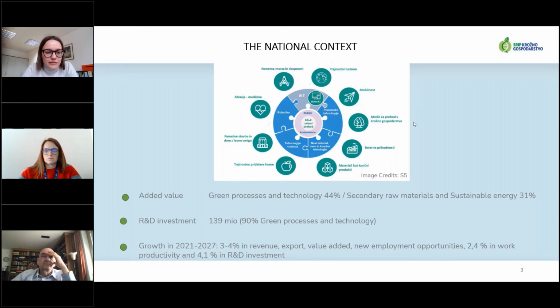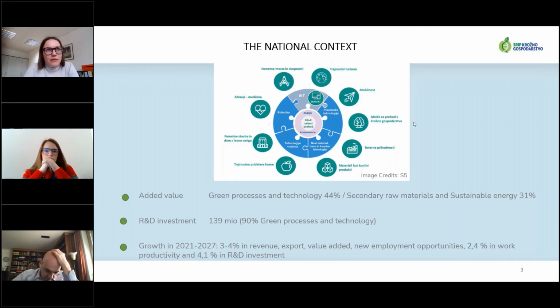In Slovenia, we observed also high R&D investment rates, and we predict that in the period from 2021 to 2027, there will be 3 to 4% increase in revenue, export, value added, and new employment in the field of circular economy, as well as increase in 2.4% in the work productivity and 4% in R&D investment.